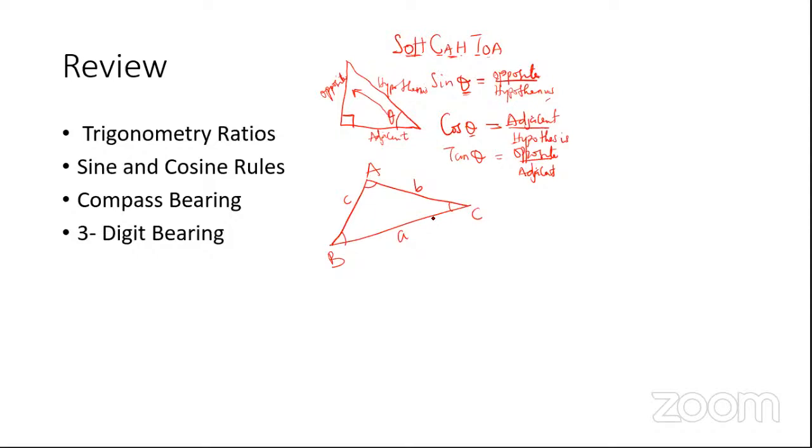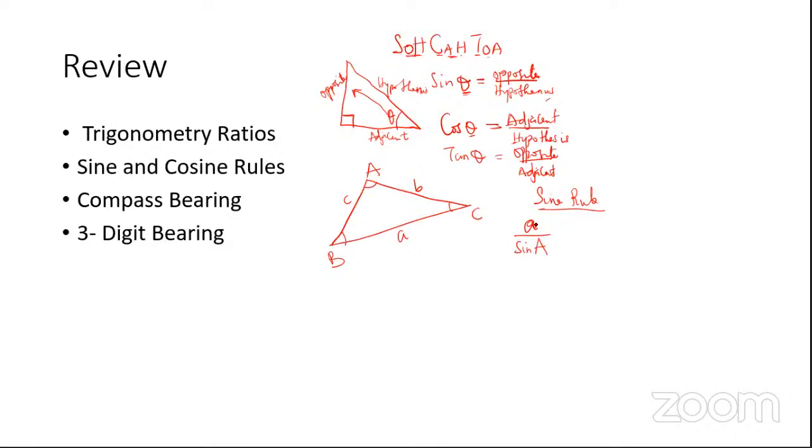when do we apply the sine rule and when do we apply the cosine rule? The sine rule is the ratio of a side to the sine of its corresponding angle.